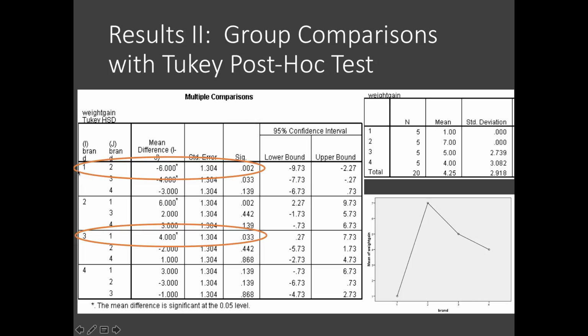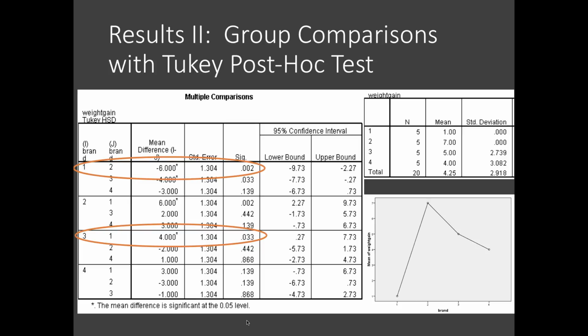So that means that there is a significant difference between brand 1 and brand 2, because that's the row it's in, the second cereal. So it means there's some significant difference between Cheerios and Fruit Loops, which, if you think about it, kind of makes sense. There probably would be more weight gain if you ate a crap ton of Fruit Loops instead of Cheerios.